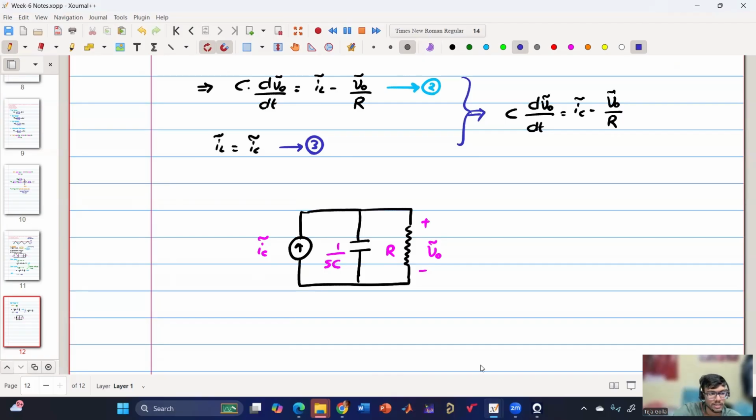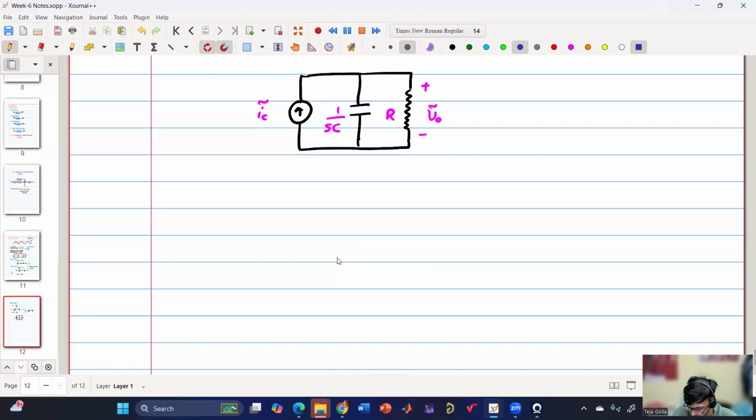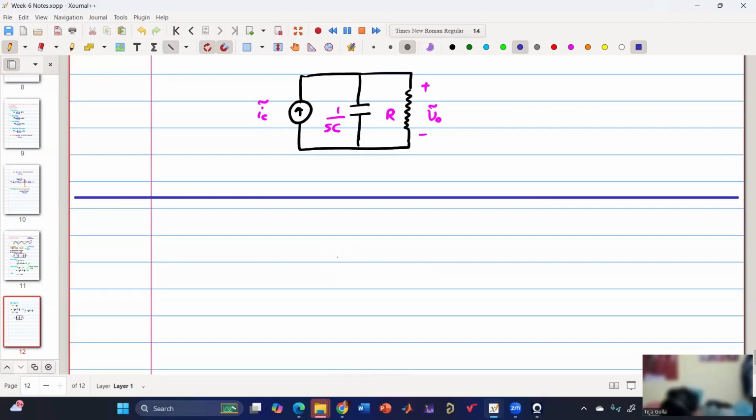So in the previous case, when there is no control, or maybe I should explain in two things. There are two control methods that we have learned: voltage mode control and current mode control.